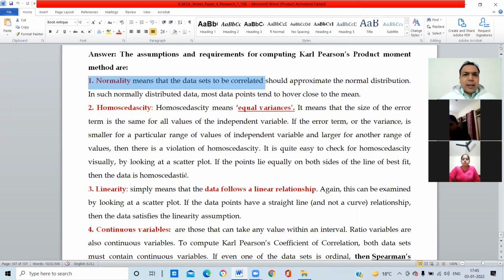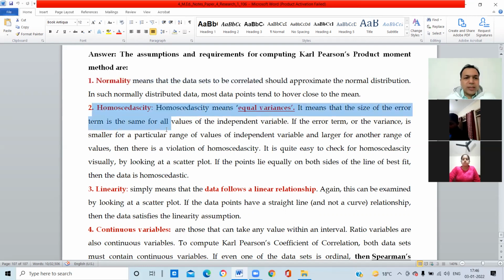So your sample should be persons who are above 18. If you collect data below 18, then you can say that your sample is not normal. Your collection of data is not normal. So normality means data should be normal. It should be according to your study, right? So this is normality.